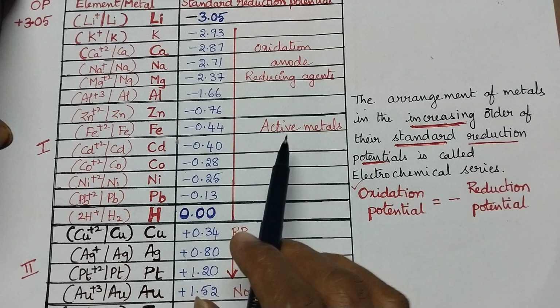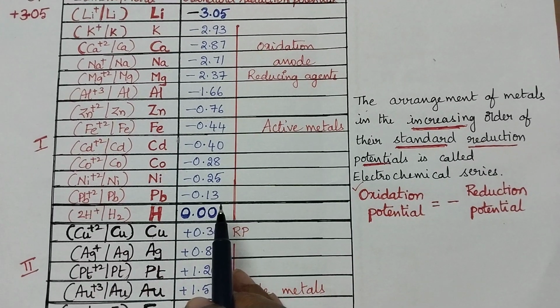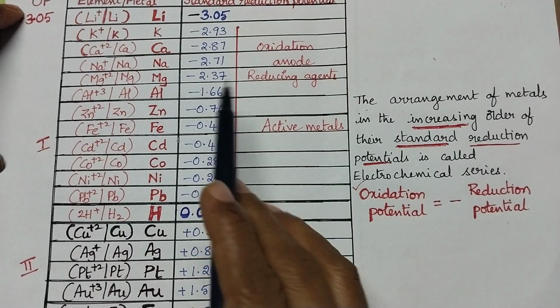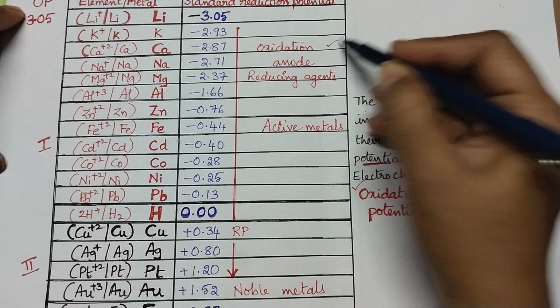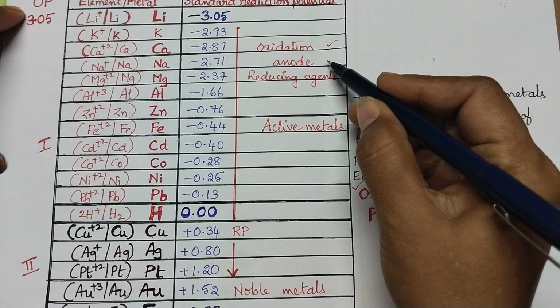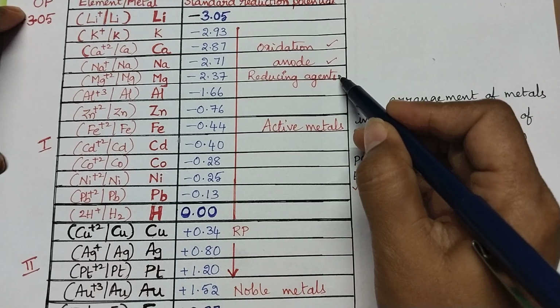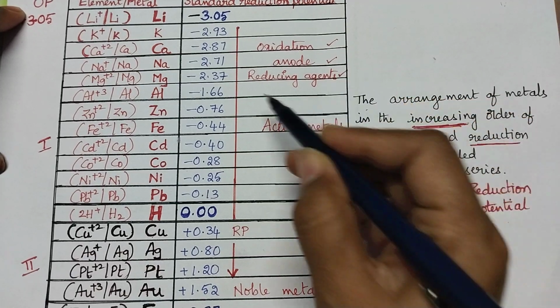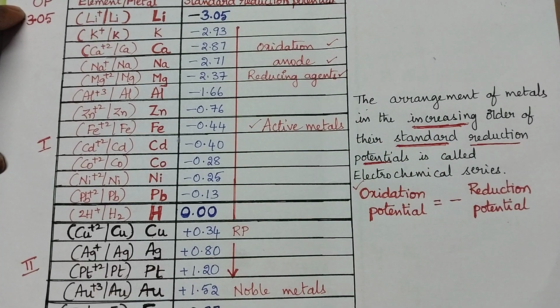Thus, they can be called as active metals. So, the metals which are placed above hydrogen are having greater tendency to undergo oxidation and they can act as anode. With the result, they can be used as best reducing agents and all these metals are called as the active metals.